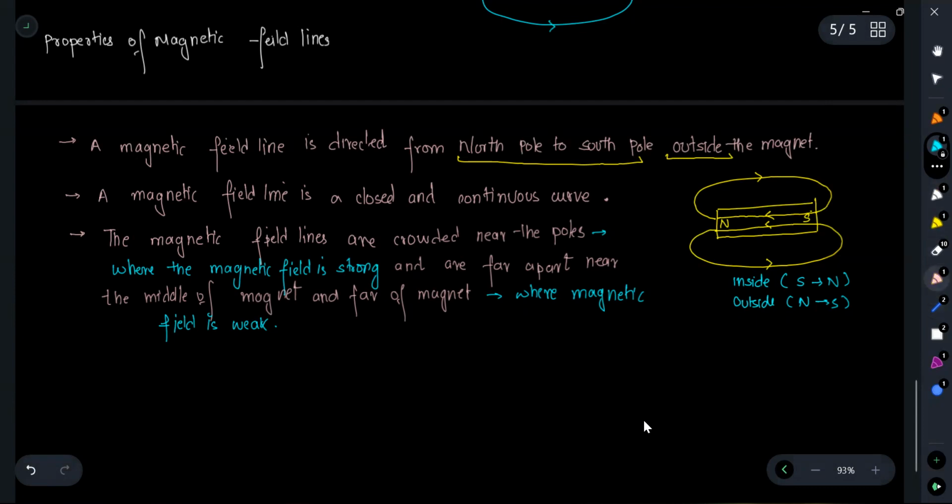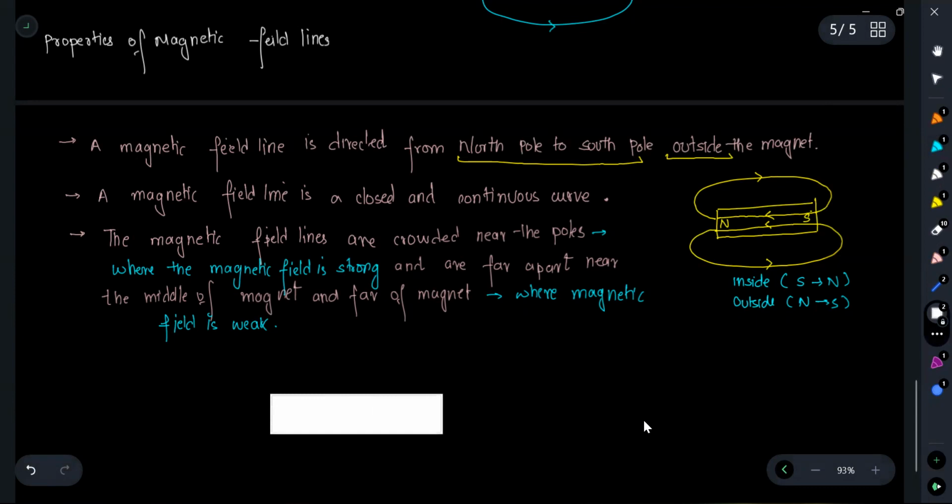So let's see. So we have a bar magnet. इस bar magnet में we have a north pole and a south. So if you make a lot of magnetic field lines, let's start by making a lot of magnetic field lines.